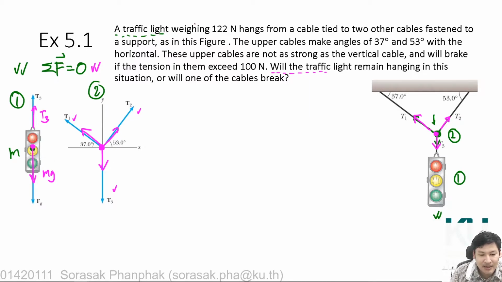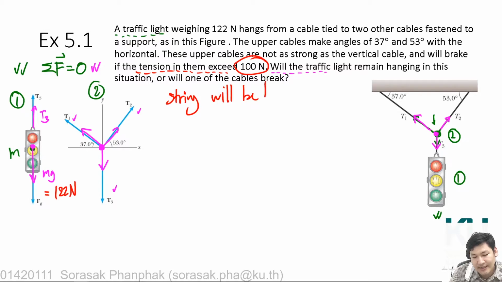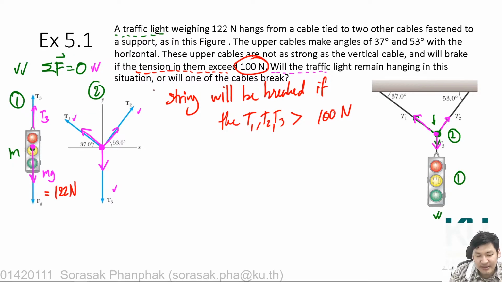Since you now know the weight of the traffic light is equal to 122 Newton, and you know all the angles, the key of the problem is that the string will break if the force exceeds 100 Newtons, and these forces are all tensions, T1, T2 and T3.